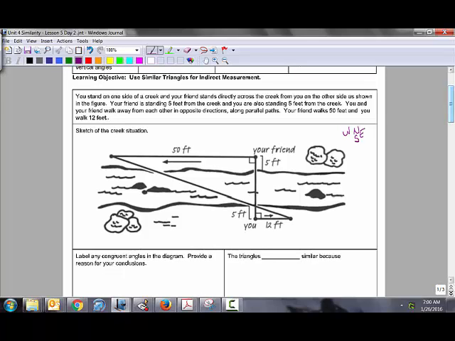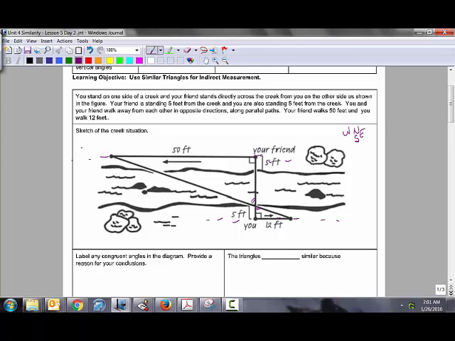Now we want to label any congruent angles in the diagram. Now we practiced this yesterday. This is a bow tie, so we know those two angles are congruent because they're vertical angles. Right angles are congruent. We know that's true. And then finally we've got these two parallel lines cut by a transversal.